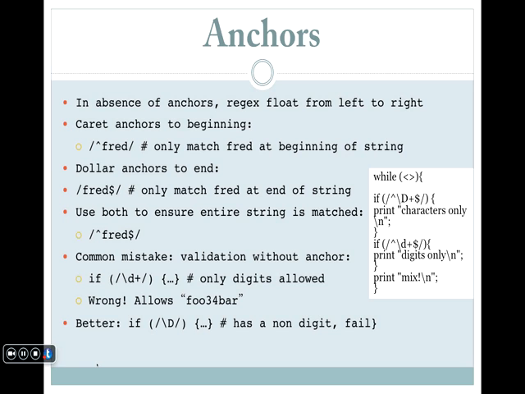Here I'm searching for characters, so I'll print characters. Now, if I am searching for specific digits that start with a digit and end with a digit, it will print digits for me. Otherwise, it will print a mix. Anything else I put there will be printed. So let us try this example.